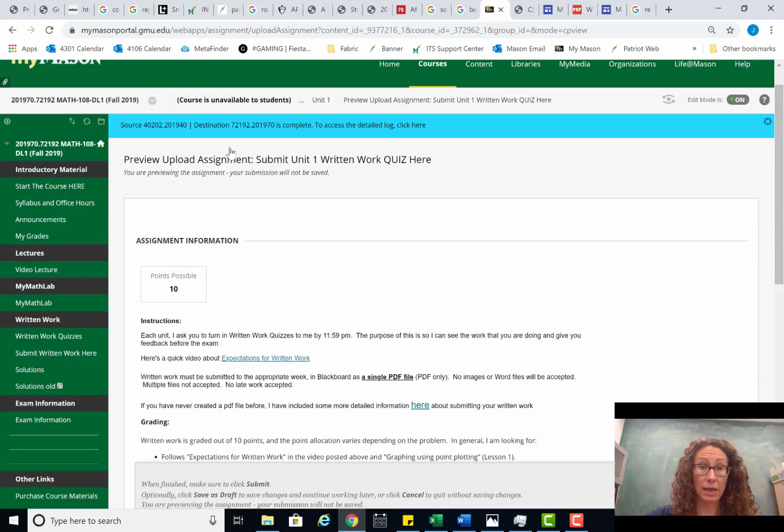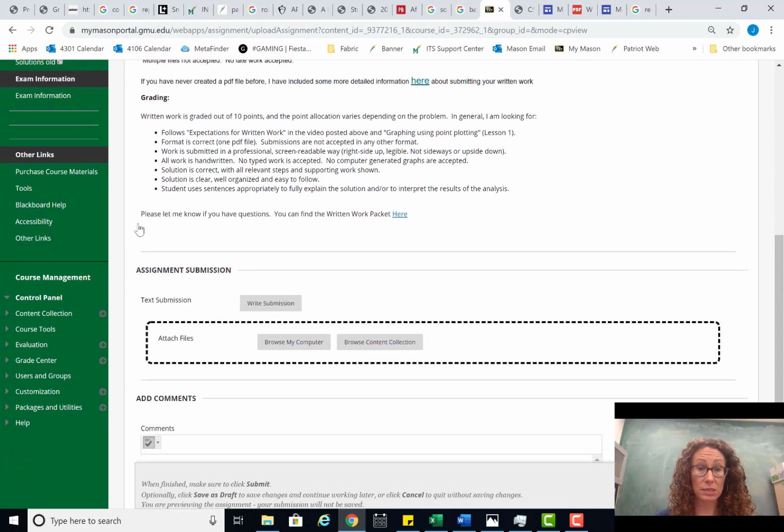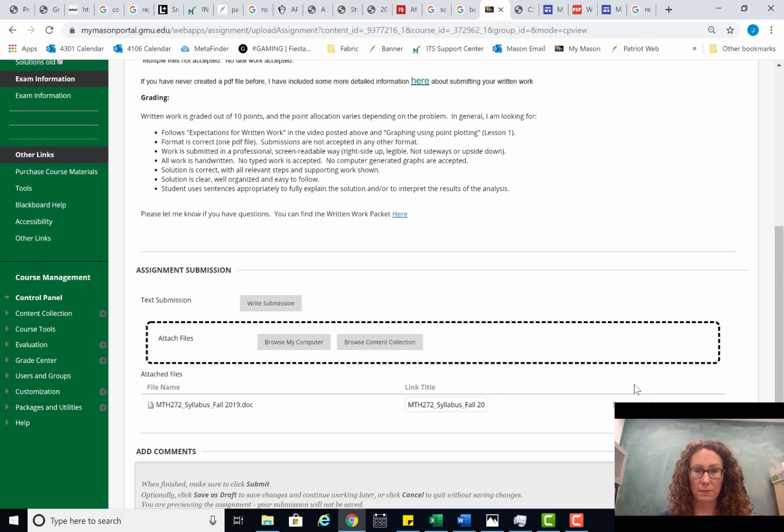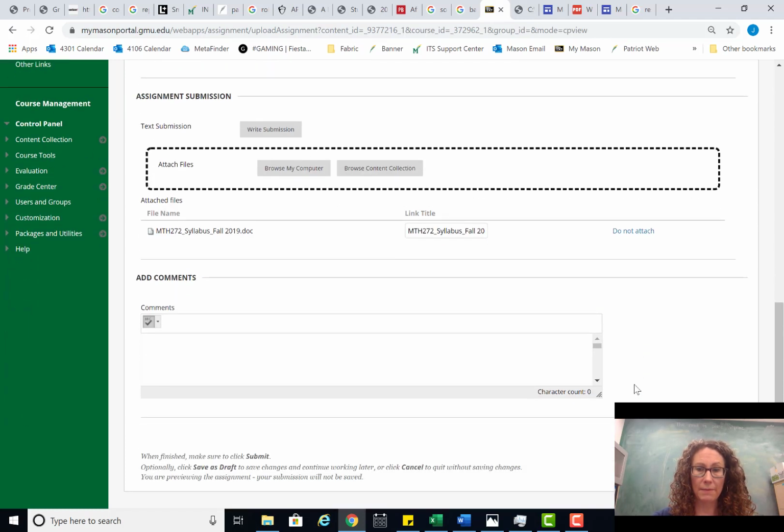It comes up with a screen that looks like this. You have to attach a PDF file, so that's right here under Attach Files. Browse my computer, right? If I want to upload a document, let's say I'll upload this other syllabus from my other class, open, right? And then you hit submit.